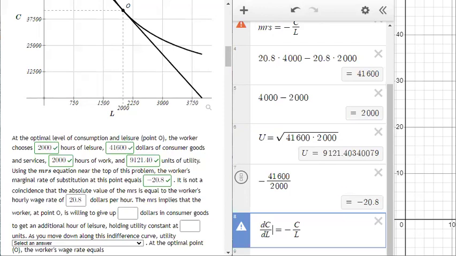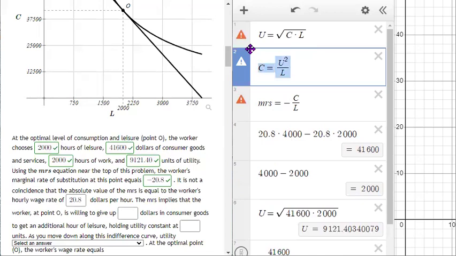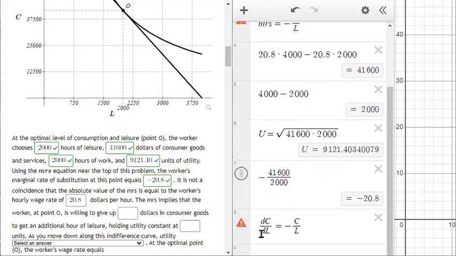When we differentiated this indifference curve with respect to L in calculus, we would interpret this change in L as really, really tiny, the number closest to zero without being zero, and this would be the resulting change in C. But in economics, we interpret this change in L as 1. So if L increases by 1, what does consumption change by? It just so happens that the absolute value of our MRS was 20.8.